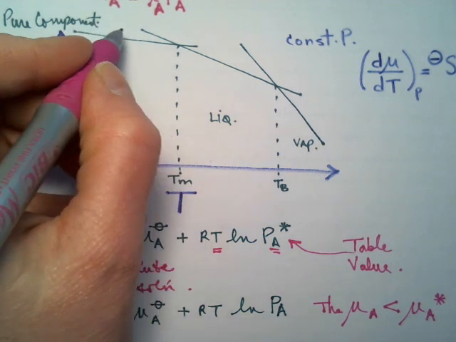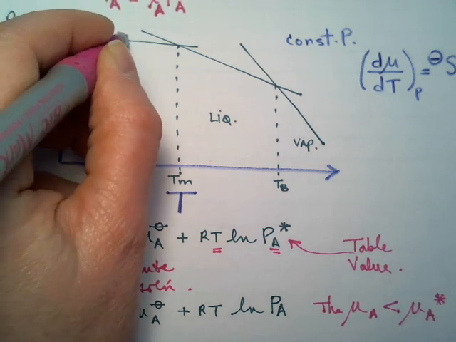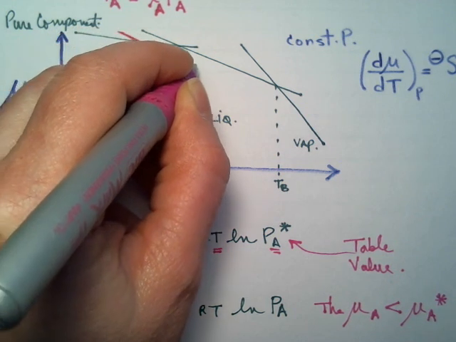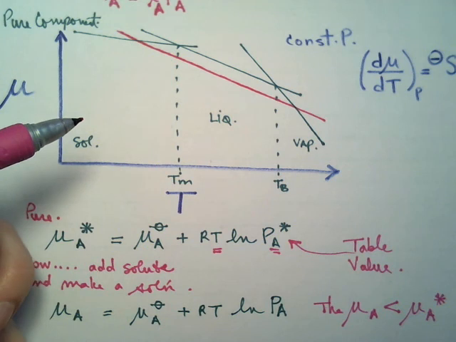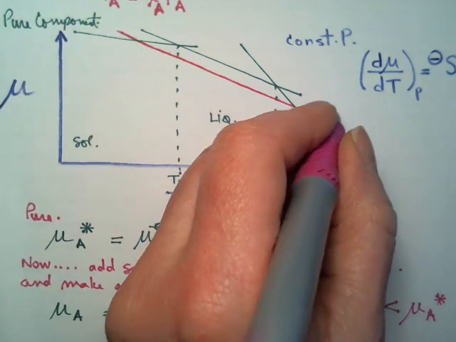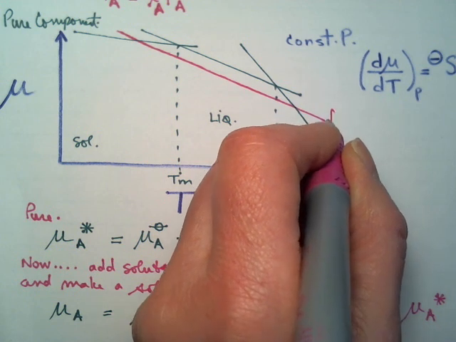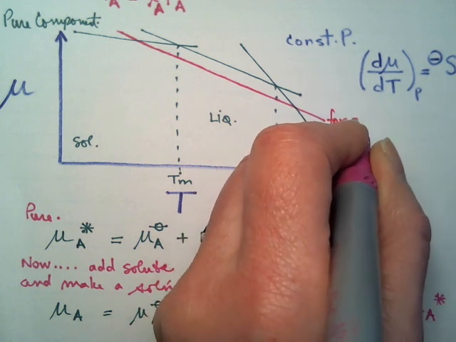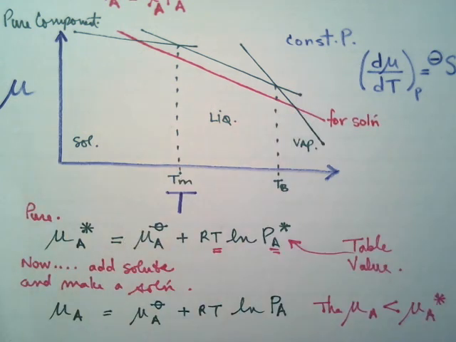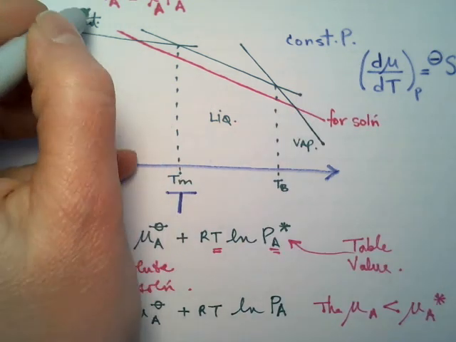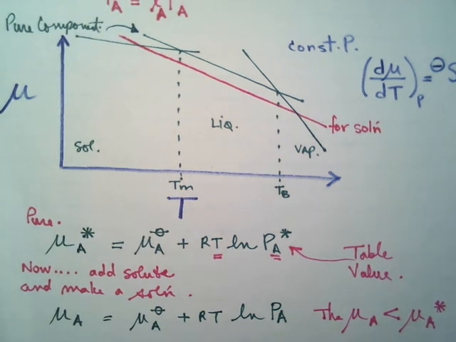So in fact, let's lower it and see what happens. I'm drawing it parallel to the existing one. So this now is for the solution, whereas the one above, of course, was for the pure component. Got it?